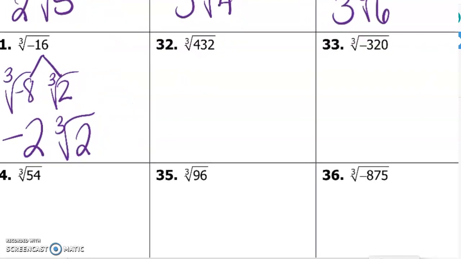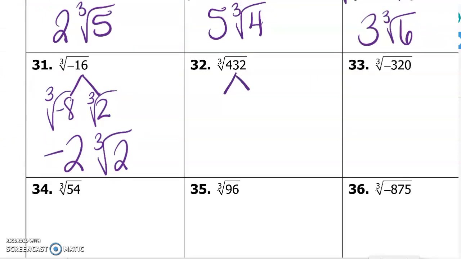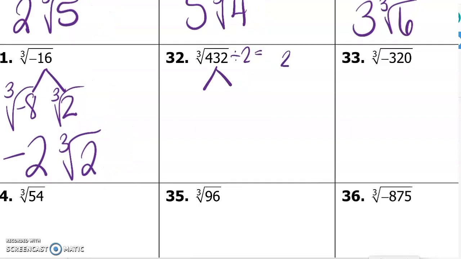All right, 432. If you start and just do 8, you're going to get 8 times 54. The problem is there's another perfect cube in 54. So if you remember that trick from up above, if we divide by 2, 432 divided by 2 gives me 216.